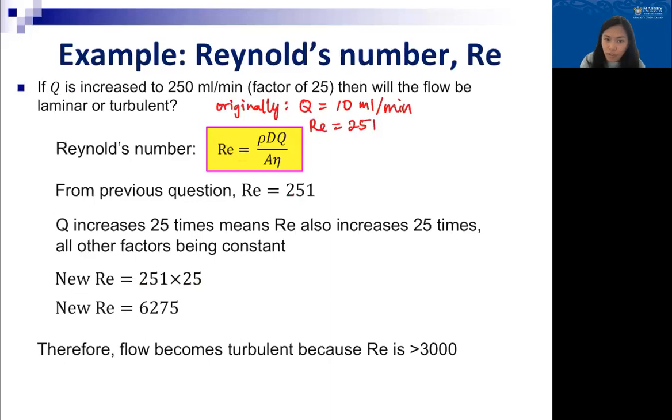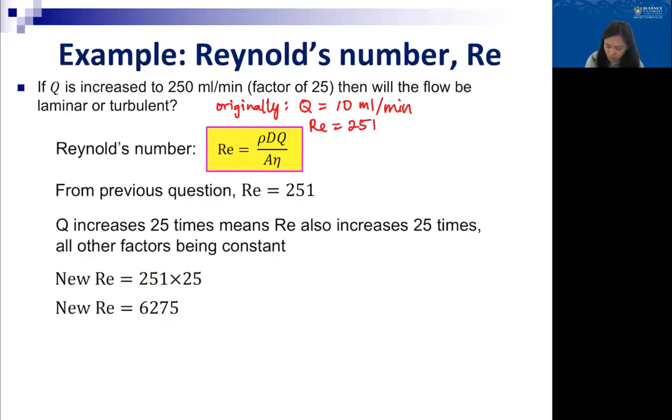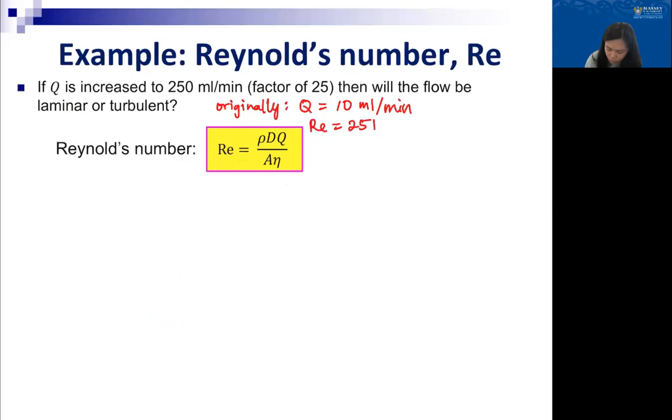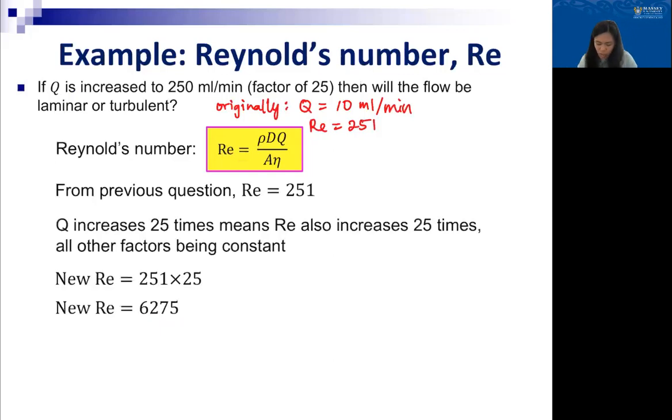6290, it's quite close to the new Reynolds number. So maybe it's just a rounding. Is it just a rounding thing? Let me just double check that. 251 times 25 does give you 6275.